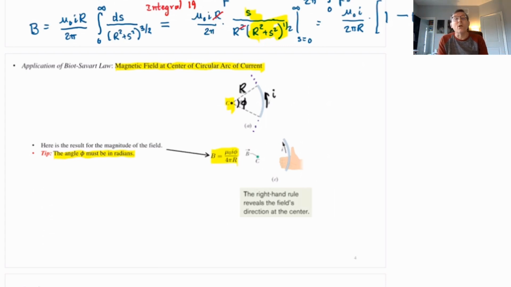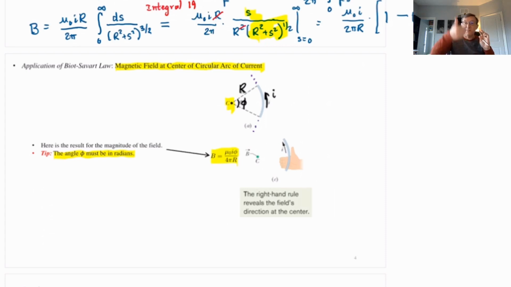Now, the magnetic field law, specifically ds cross r hat, will give you the direction of the magnetic field. But there is a specialized right-hand rule shortcut that you can use, and it's very similar to what we did for the long straight wire. For the long straight wire, we stuck out our thumb in the direction of the current and saw which way our fingertips circulated around our thumb.